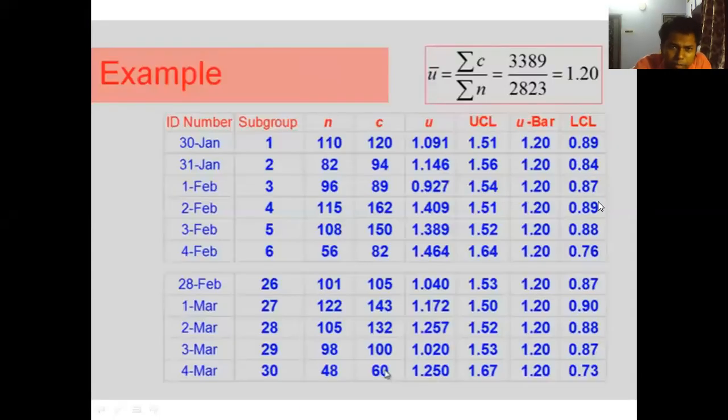Then you plot the upper control limit and lower control limit, and then you plot your values of the defects, 8, 16, these values, and check whether some points are beyond your control limit or not. Now we are using the U chart.